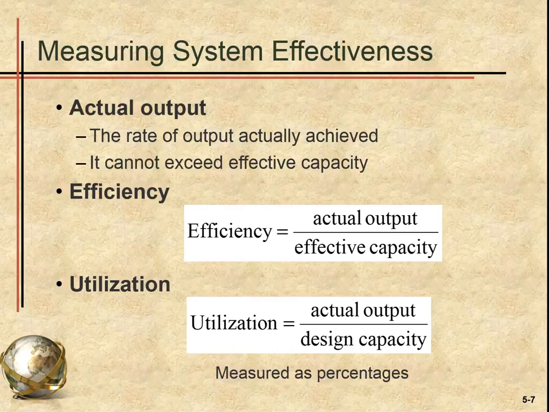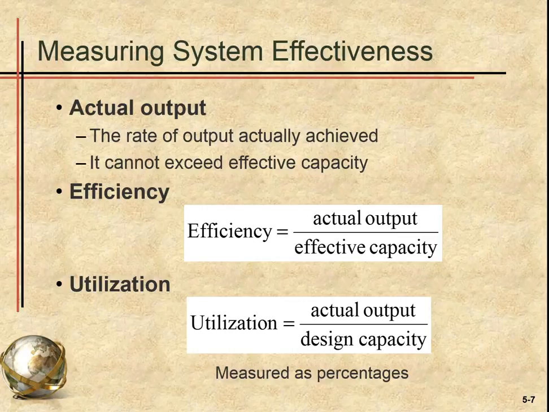Why is it that actual output can never exceed effective capacity? It's because effective capacity is effectively the maximum that you can get from this machine. So there's no way your actual output can be more than this maximum because you define the effective capacity as the maximum that you can get from this machine in a real world situation.